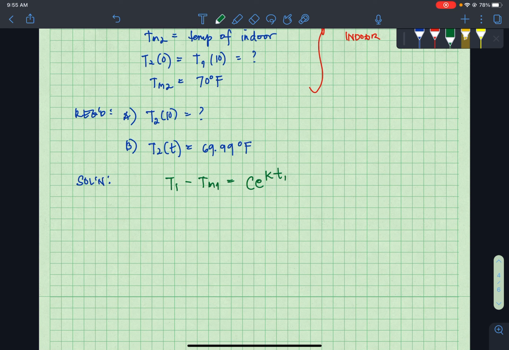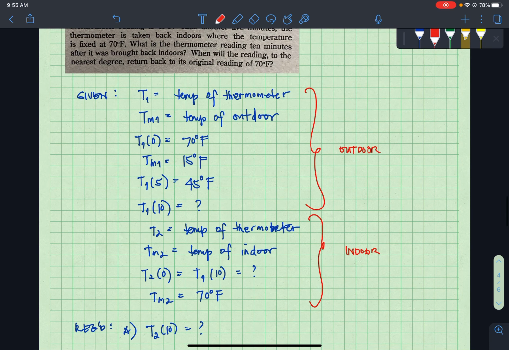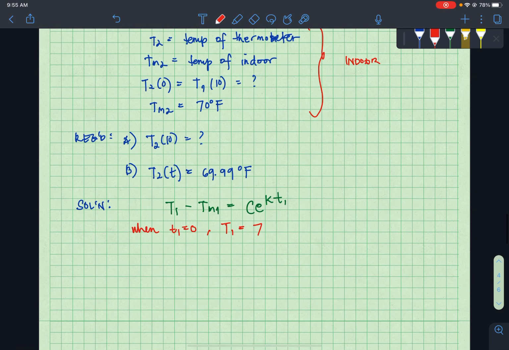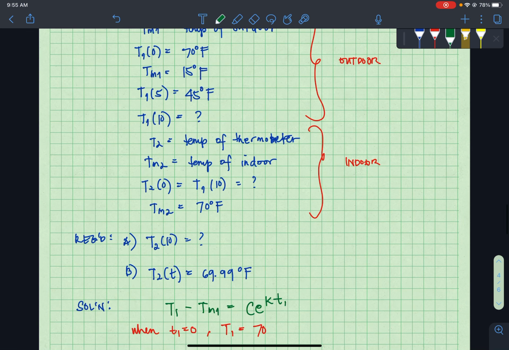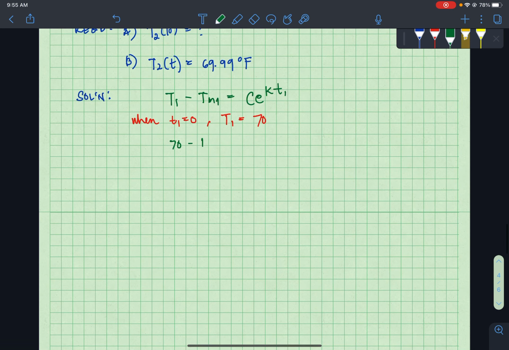So when T1 is 0, we have the temperature of the body equivalent to 70 degrees Fahrenheit, and Tm1 is 15.